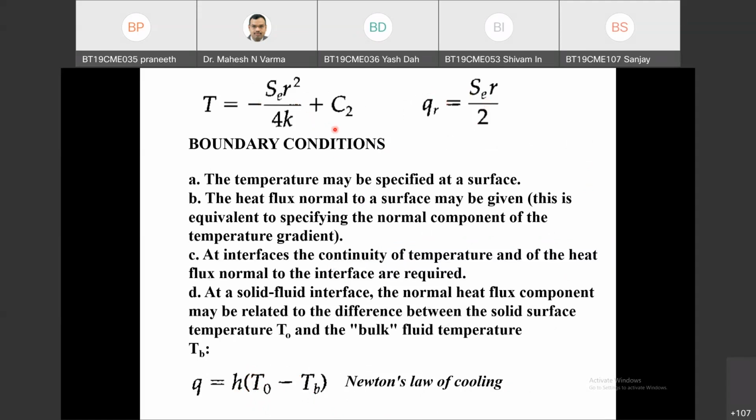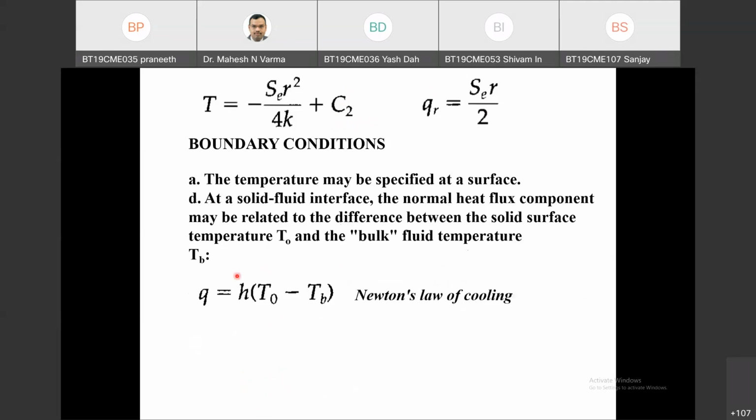Both profiles we got, but here I have C2, and we need to estimate C2. For estimation of C2, I will assume surface temperature is T0 first, combine the two boundary conditions, and then T0 is related with the air temperature using Newton's law of cooling.